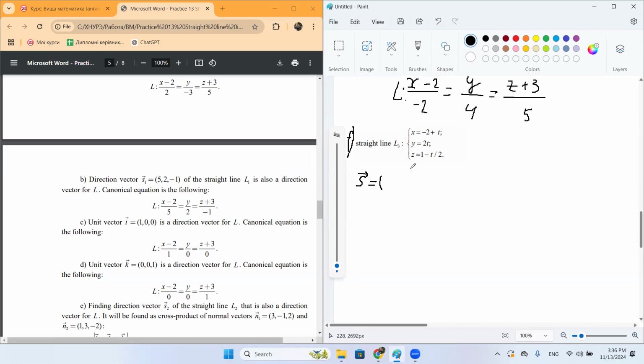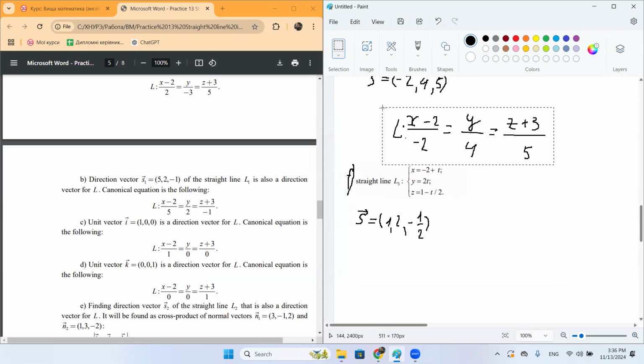Maxim? It is 1, 2, and 1/2. 1, 2, and -1/2. Yeah, -1/2. Attentively with the signs, be careful. So, yeah, correct.